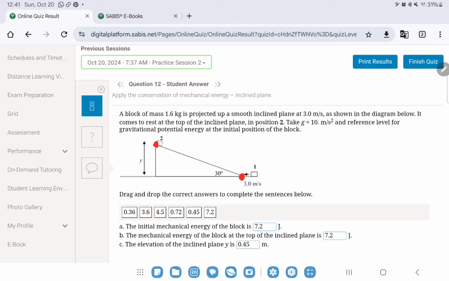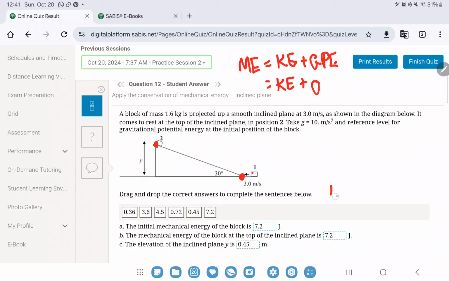Let's see. The initial mechanical energy of the block is, mechanical energy equals kinetic energy plus GPE. The initial, which is at position 1, is kinetic energy plus GPE, and we said GPE is 0 because this is the reference level, so we just need to find kinetic energy.